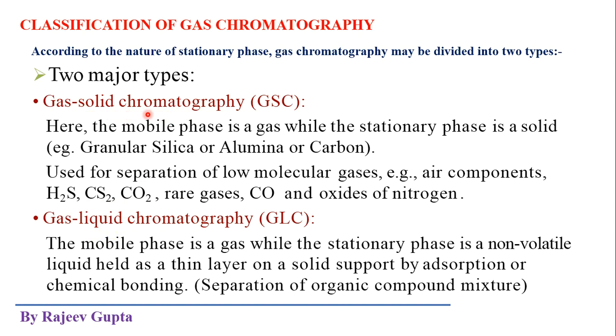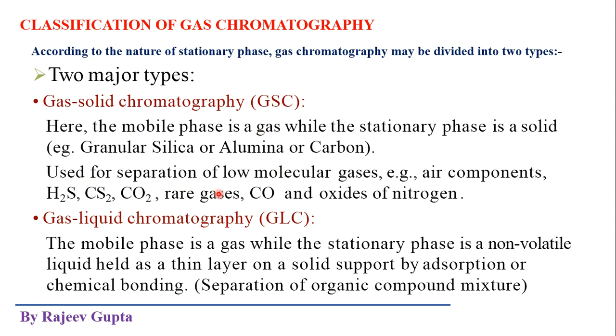Here partition of sample molecules takes place between the mobile phase gas and the liquid stationary phase. What could be the stationary phase? Examples are granular silica, alumina, or carbon, all highly porous, high surface area materials.